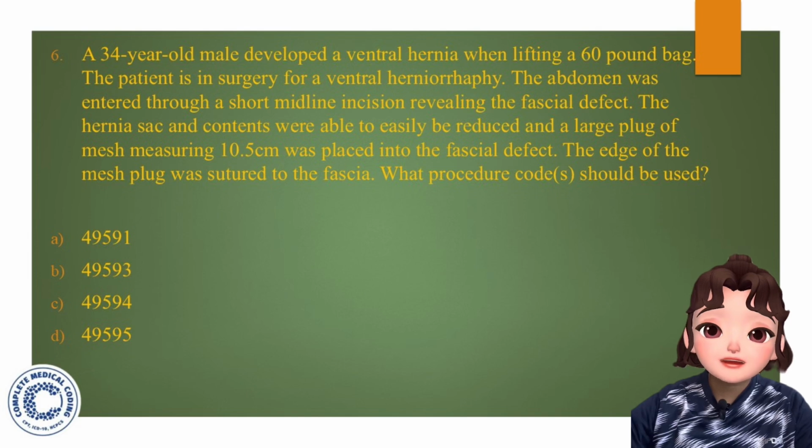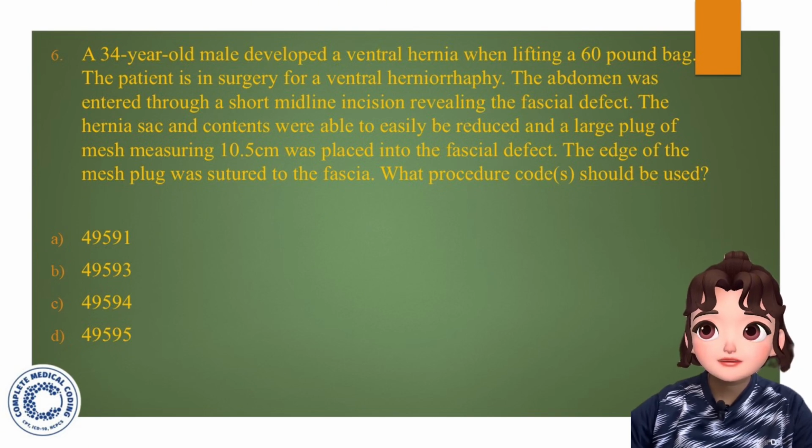What is 49591? Repair of anterior abdominal hernia, epigastric, incisional, ventral, anything can be there. Anyway, ours is ventral, which is already there in the code. Ventral, umbilical, spigelian, any approach that is open, laparoscopic or robotic, initial, including placement of mesh.